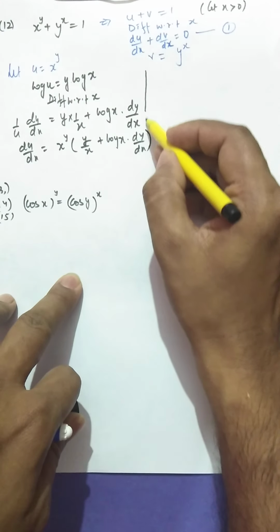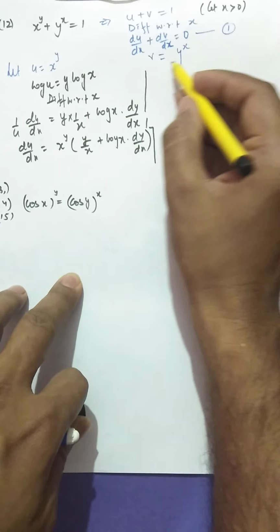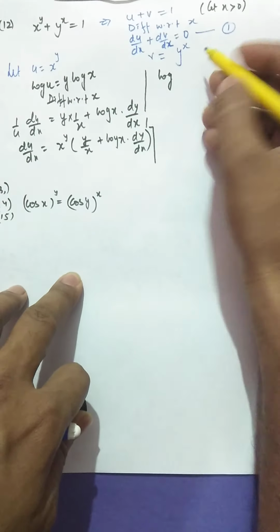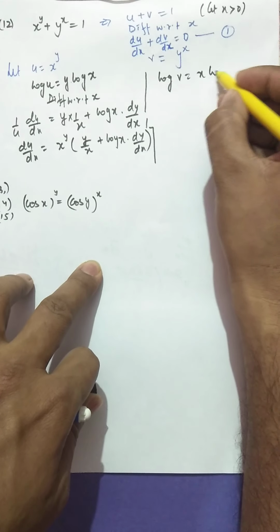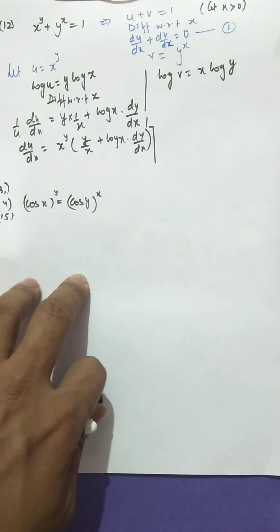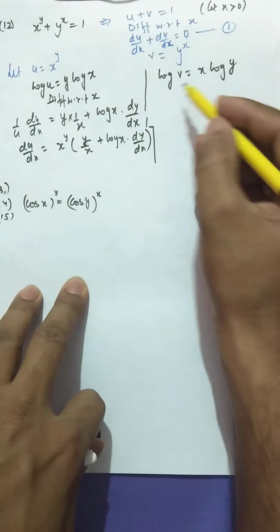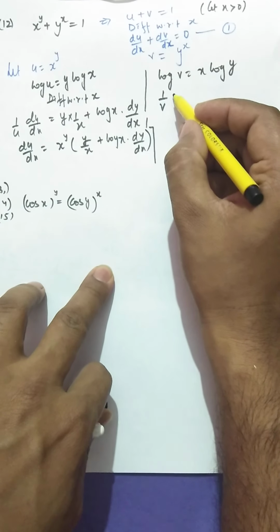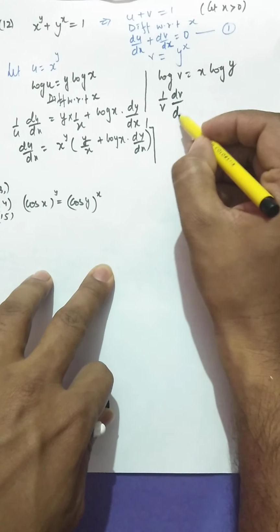Now see from this side v, you take again log both sides, log v equal to x log y. So this is just the opposite. Now you can differentiate with respect to x, dv upon dx.